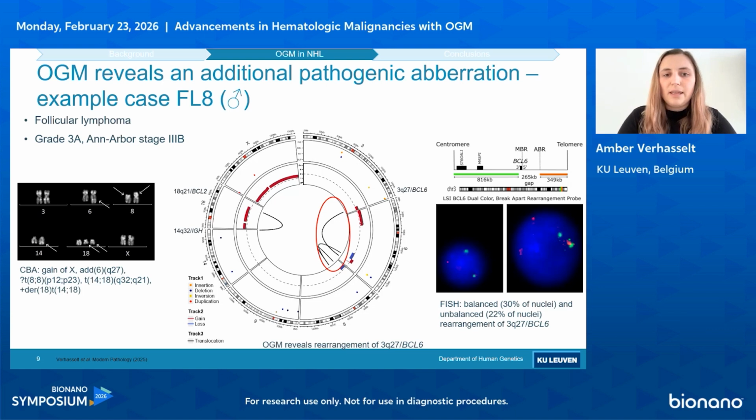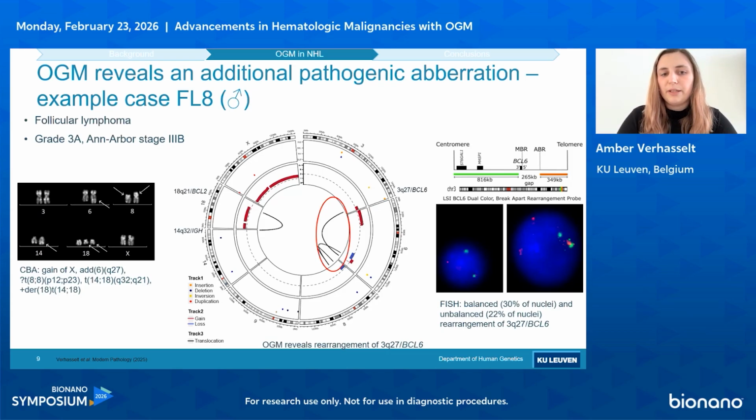And that's what you can see here. So we used the rearrangement probe with a green centromeric signal and a red telomeric signal, and BCL6 right here in the middle. And then we detected two clones. First there was a balanced clone with one normal colocalized signal that has a green and red signal together.